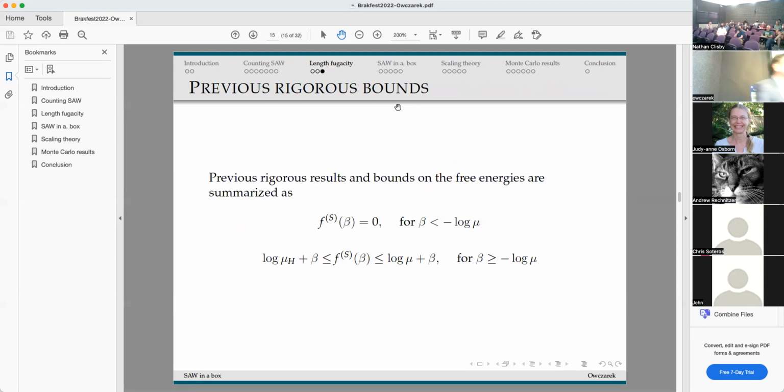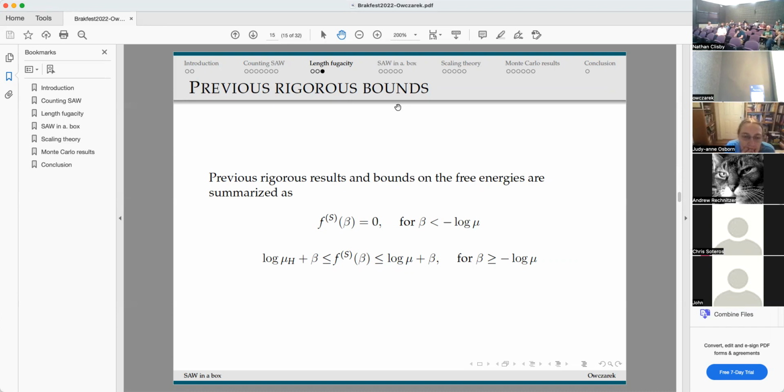Now, to cut a long story short, all the work by Mireille and Tony and Ivan and Neil and Stu, well, they showed lots of things, but some of the work they did showed this set of rigorous results with regards to the free energy of walks crossing a square.